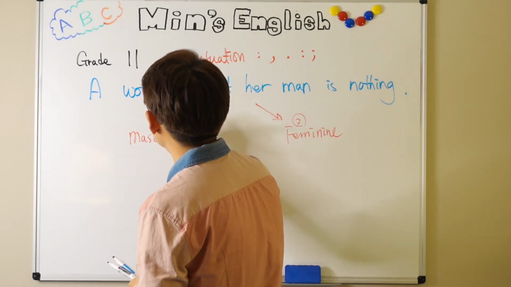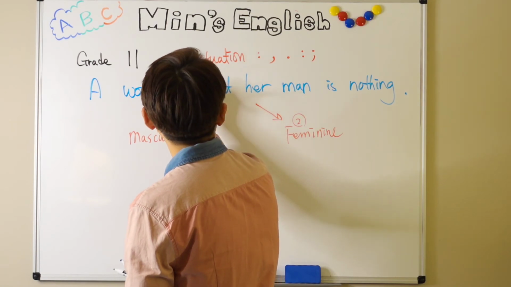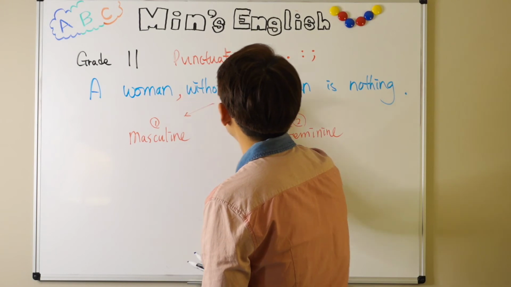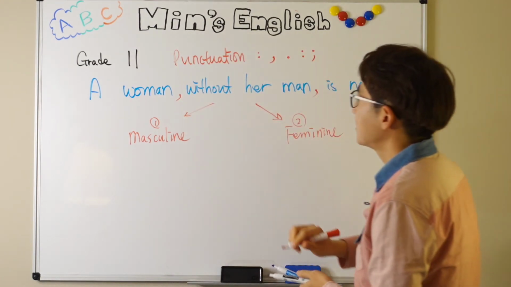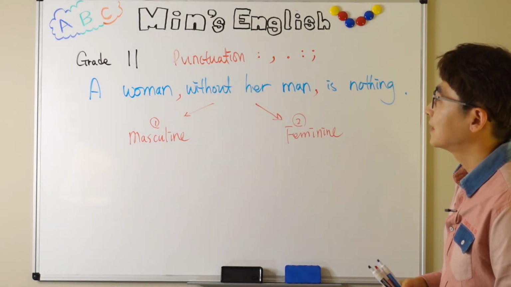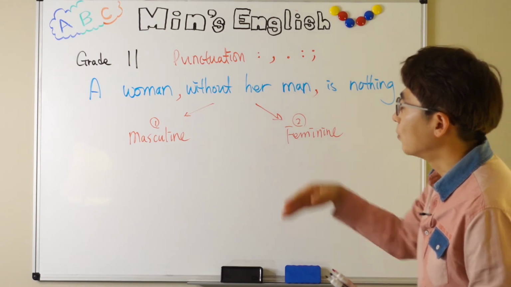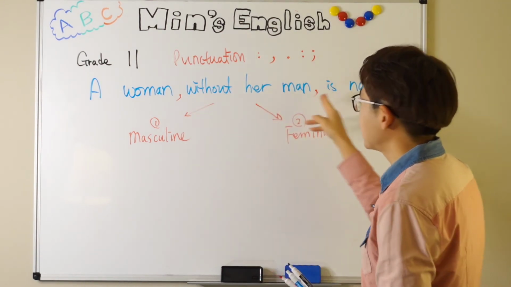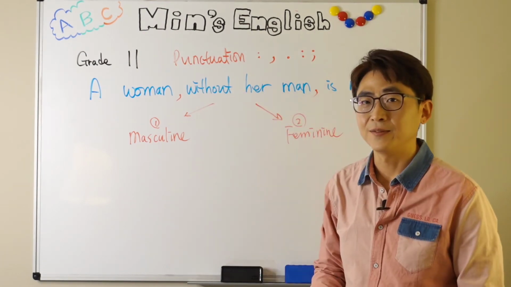So what they did was they put a woman without her man. So most male students came up with a sentence like this: a woman is nothing without her man.